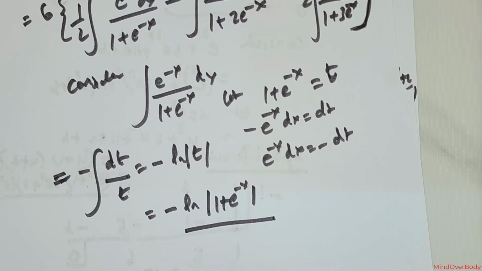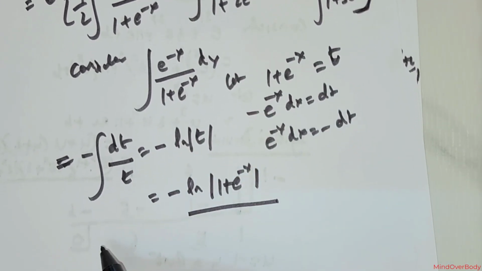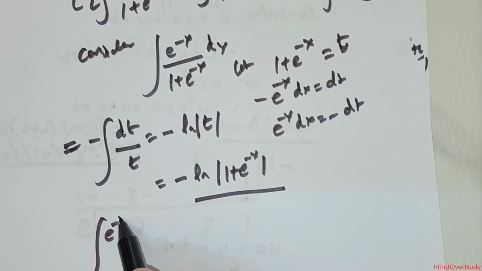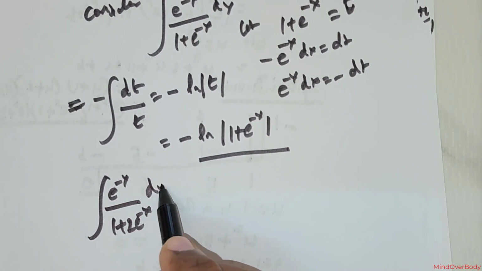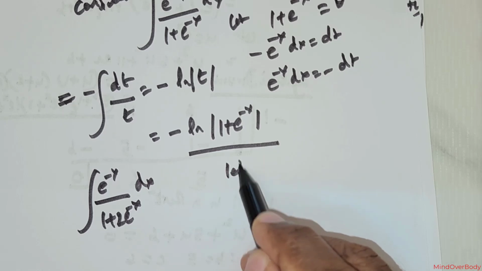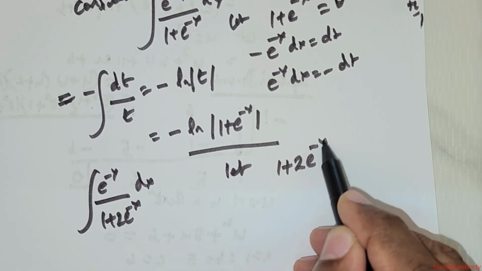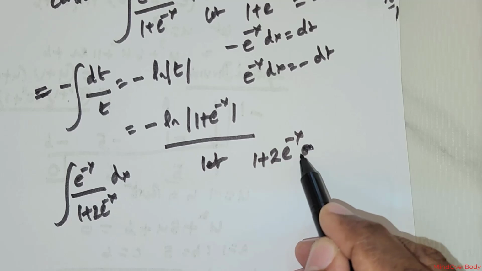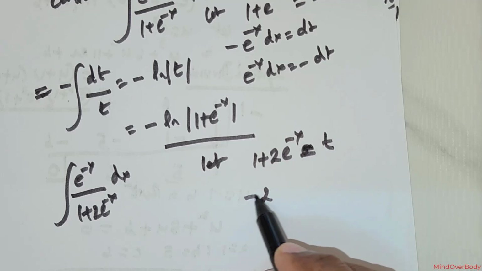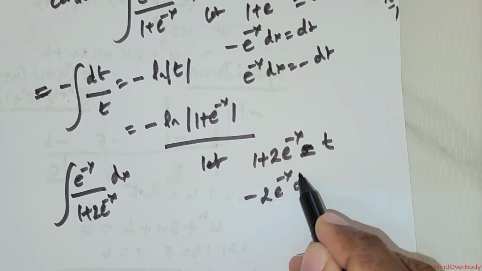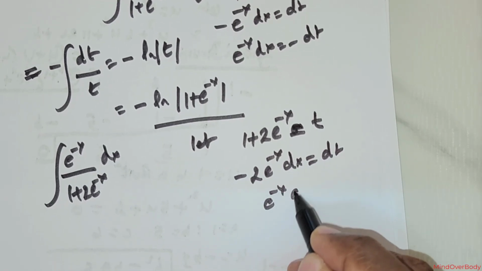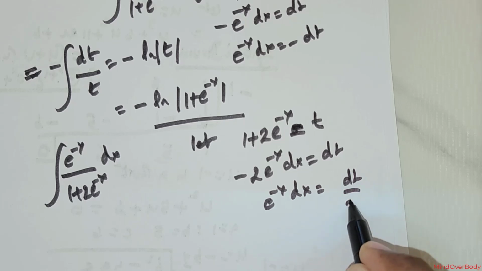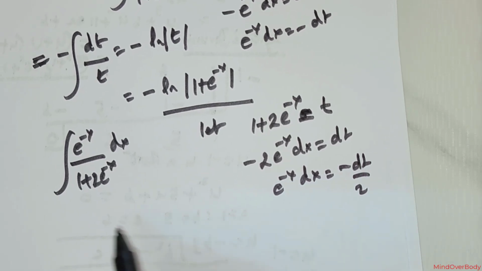Similarly, if I were to integrate this, you have e raised to the power of negative x divided by 1 positive 2 times e raised to the power of negative x dx. So let 1 positive 2 times e raised to the power of negative x be equal to t. So negative 2 times e raised to the power of negative x dx is equal to dt. So e raised to the power of negative x dx is equal to dt over 2 with a negative sign.